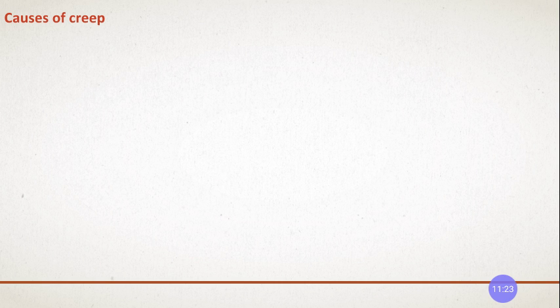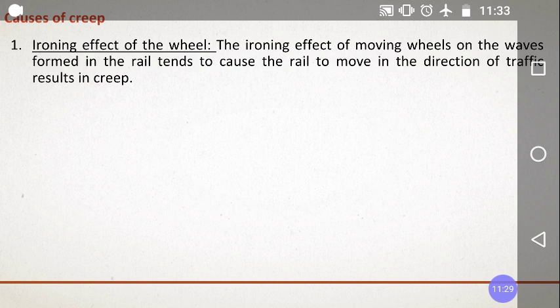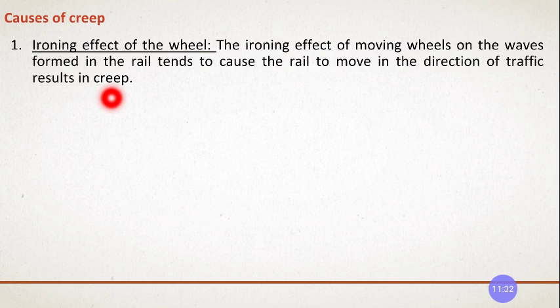The causes of creep. First, one must understand in depth what the causes are. I have told you, but once again we'll see. Ironing effect of the wheels. The ironing effect of the moving wheels on the waves formed in the rails tends to cause the rail to move in the direction of traffic, resulting in creep.